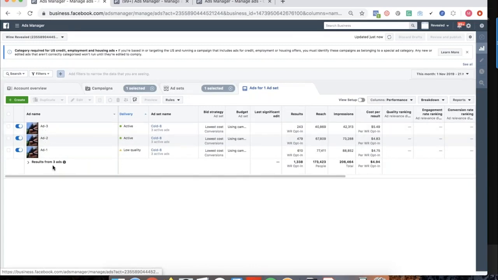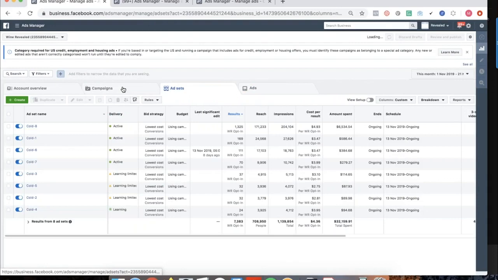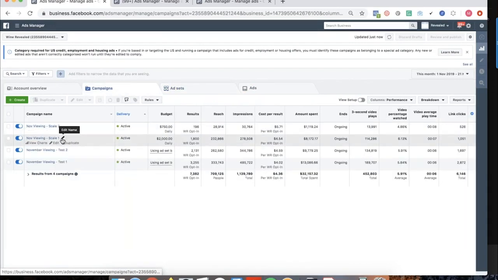If this was more of an evergreen campaign and not a launch that I knew was going to be over quickly, I might even think about adding 2 or 3 new ads to this campaign that are completely fresh copy and creative that I haven't used before. That can also really help to keep things fresh, especially if there's overlap between your new campaign that's built for scale and possibly your old test campaign that's still running.